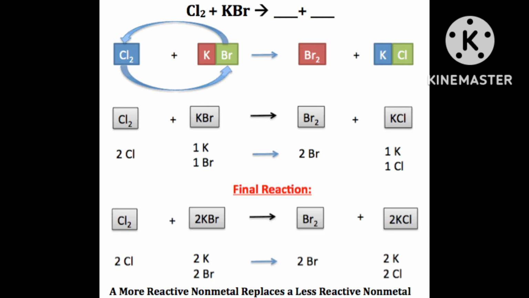Fluorine will not displace chloride, bromide or iodide, because H2O is there, and fluorine will be used up in displacing the oxygen.